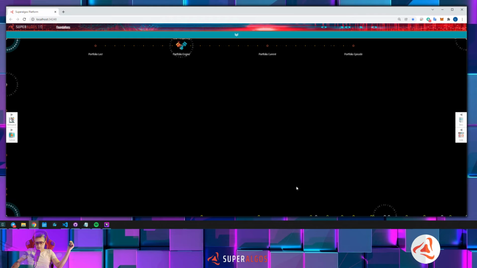Then that will happen with each of the 10 bots. So here at portfolio current managed trading bot, we will accumulate at every checkout all the information of all the trading bots.